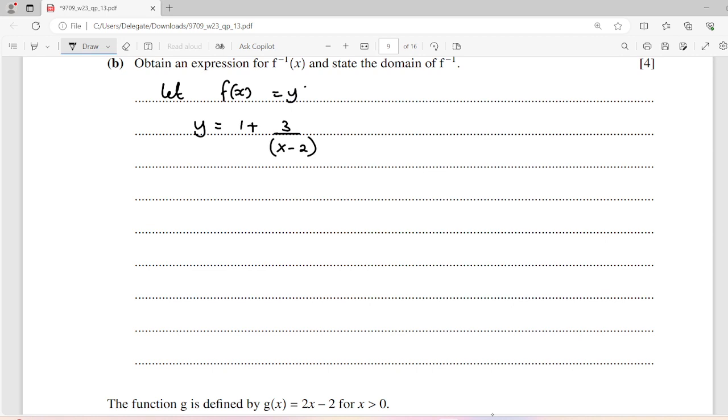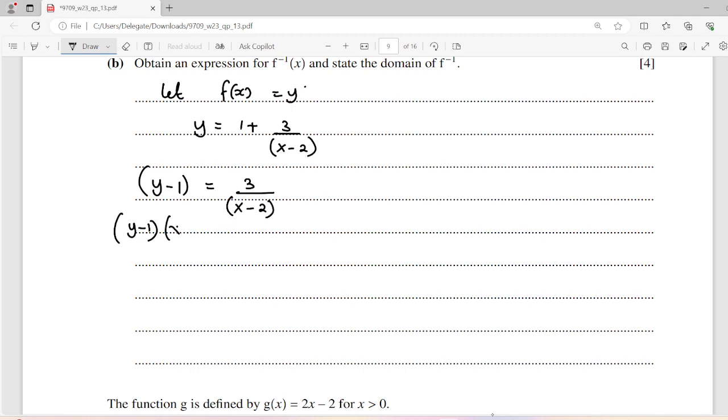What I do, I'm going to make x a subject, but before I make x a subject, I'll take 1 to the left and end up having 3 over x minus 2. Next, I'll cross multiply and end up having y minus 1 times x minus 2 equaling 3.